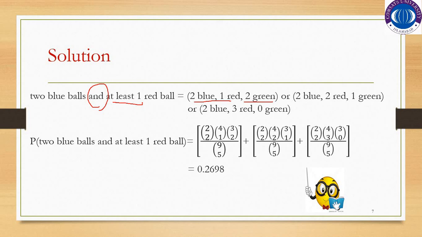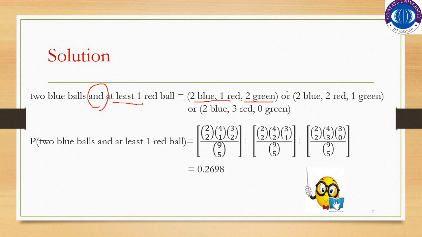As we have already discussed in previous lectures, at least is the minimum limit, so at minimum you should have 1 red ball in the sample of 5 balls which you are selecting from the urn containing 9 balls, and there should be 2 blue balls too. So you have selected 2 blue balls, 1 red ball, and the remaining 2 are green.